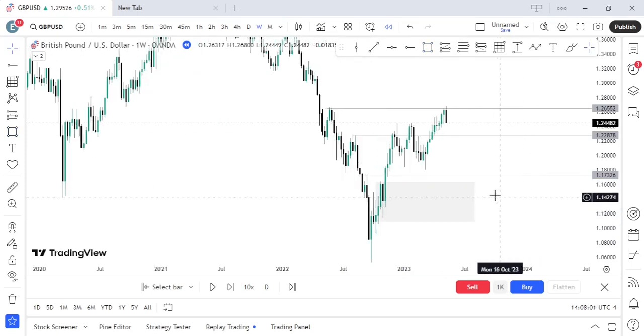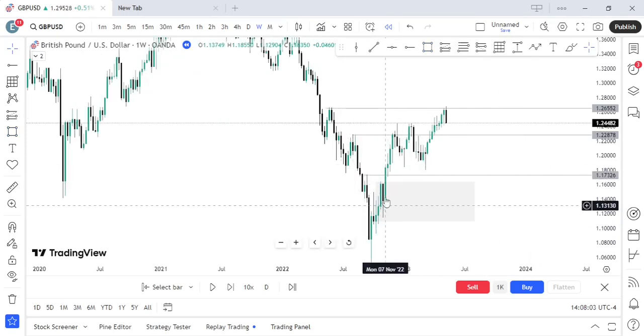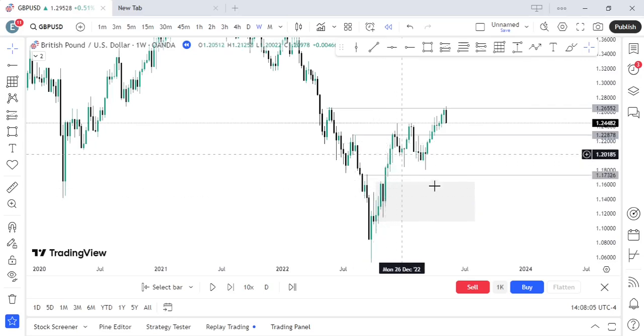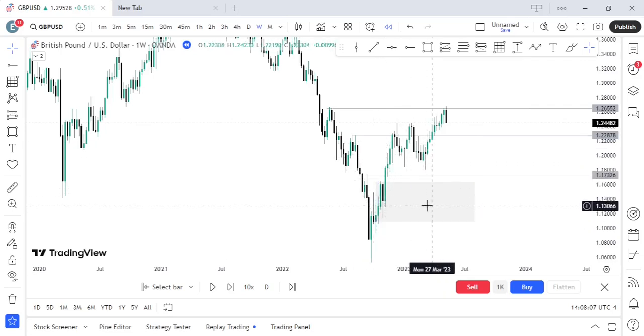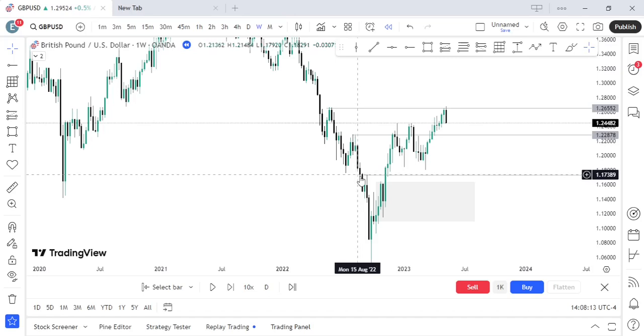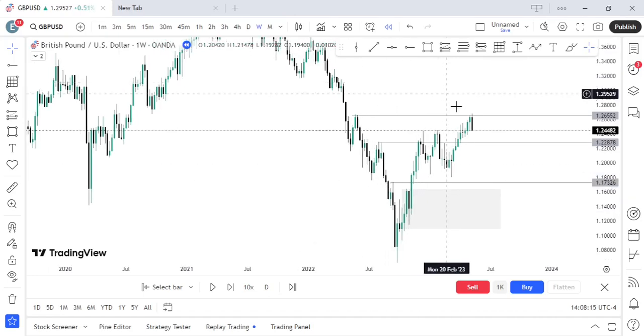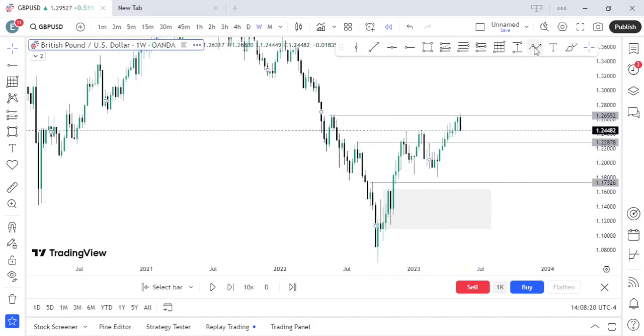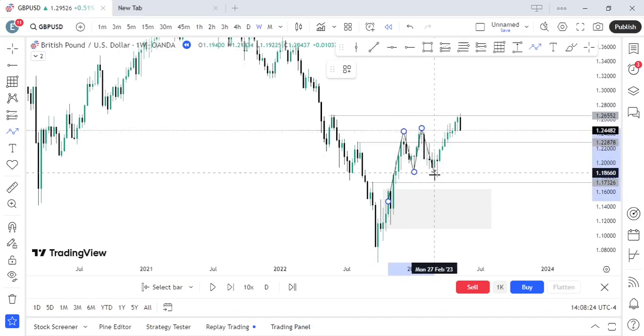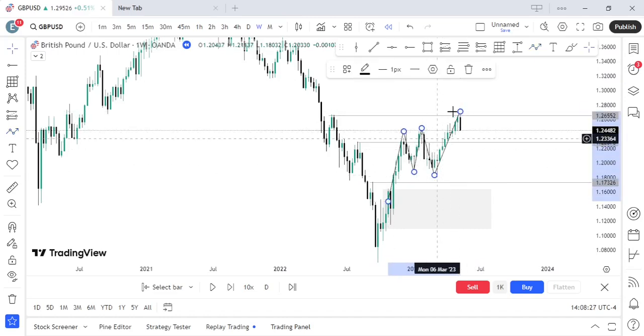So you expect price, immediately after it goes all the way up, to come all the way back into this order block because this order block broke structure, right? But as you can see from the chart, price didn't actually come all the way down because price went all the way up, right? Came down, went up, came down, and currently is on the bullish momentum.